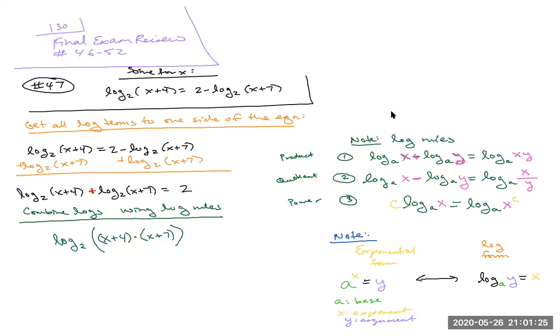Okay. That's equal to 2. So let's write that a little smoother. So log base 2 of the quantity, x plus 4 times x plus 7, is equal to 2.